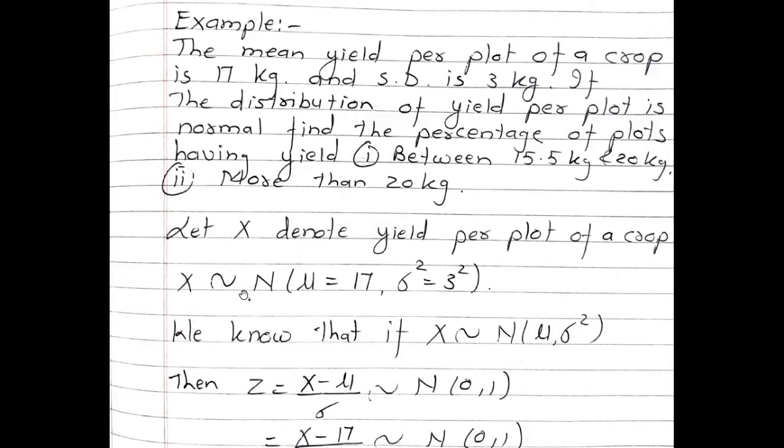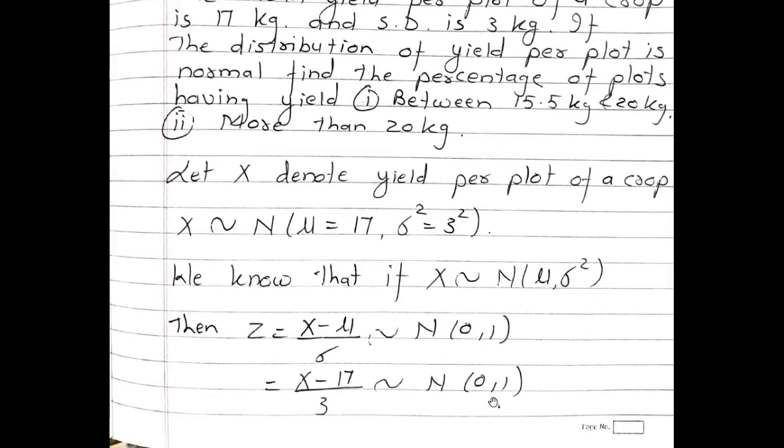Therefore x follows normal distribution with mean 17 and sigma square equal to 3 square. Then we know that if x follows normal (mu, sigma square), then z equal to (x minus mu) upon sigma follows normal (0, 1). So (x minus 17) upon 3 follows normal (0, 1).